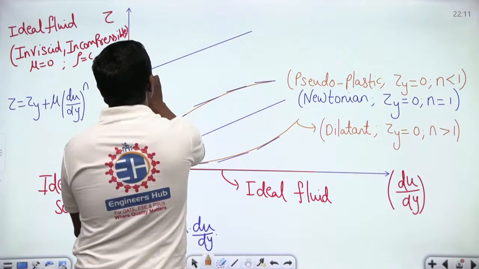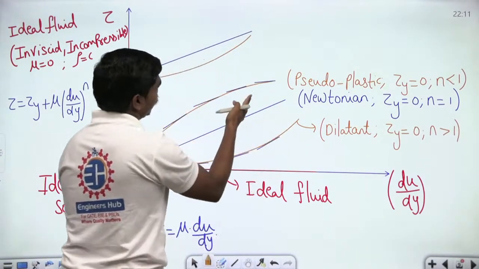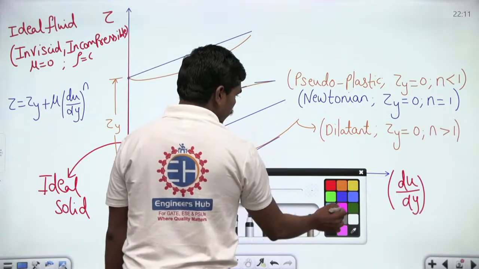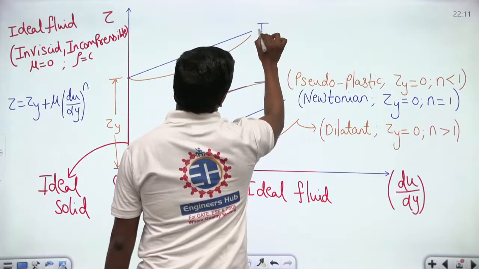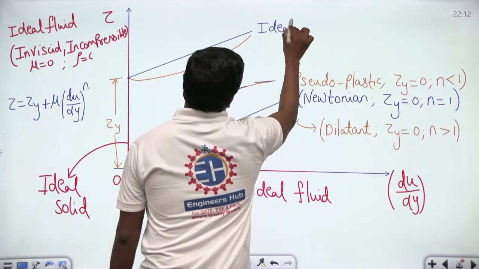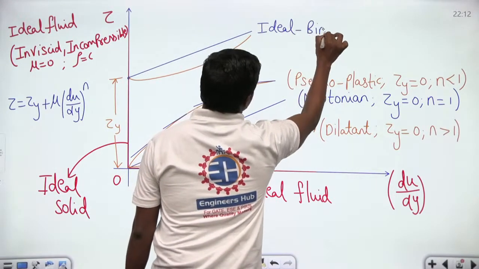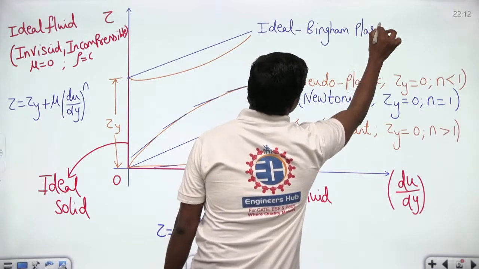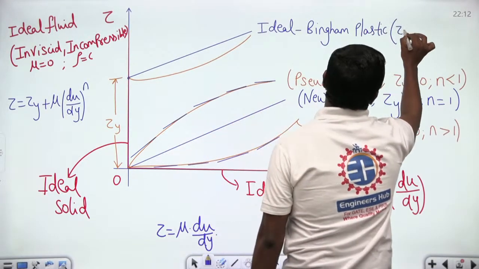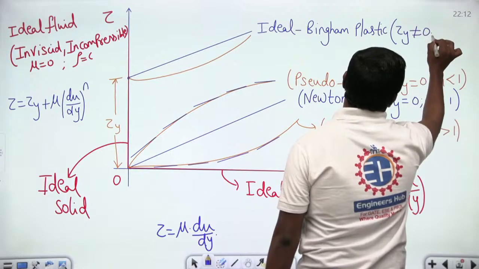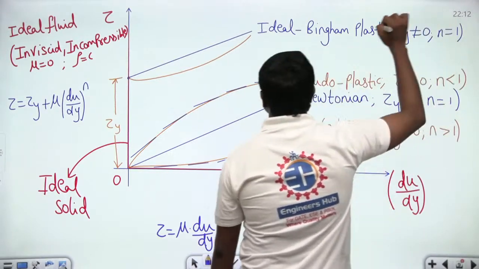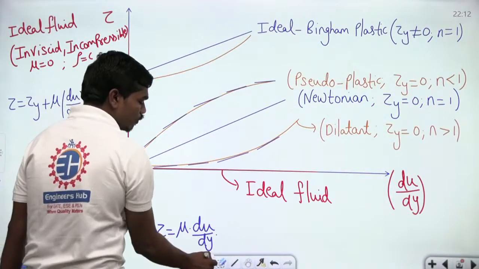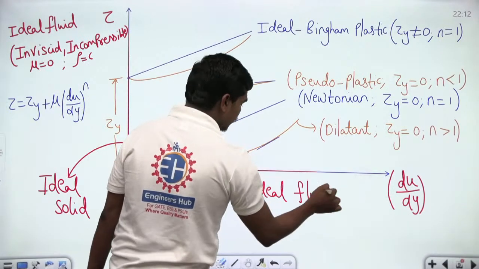It will be a bit closer compared to these fluids. So now this fluid which we are writing here is nothing but ideal Bingham plastics, and of course in this case your tau y is not equal to 0 and your n is equal to 1. And in case of these rheopectic fluids, which we have seen why this is happening, they are also called time thickening fluids.